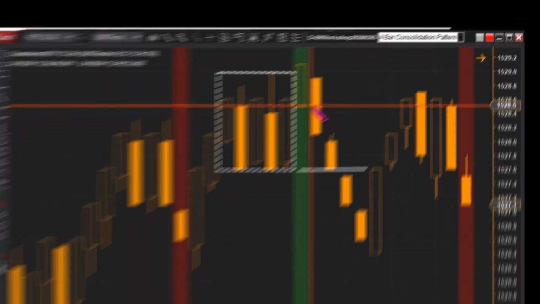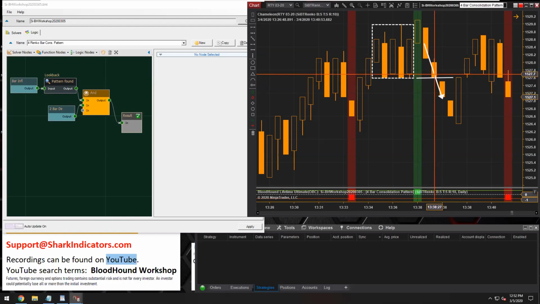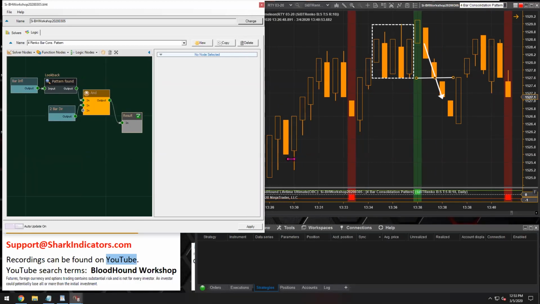So as the closing price is coming down, it's crossing the low of your consolidation pattern here. So as price crosses that, you could get a crossover signal as price breaks below that low, and that would be your failure signal. Yeah. So we can take this logic a little further.